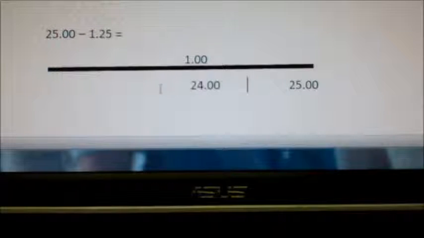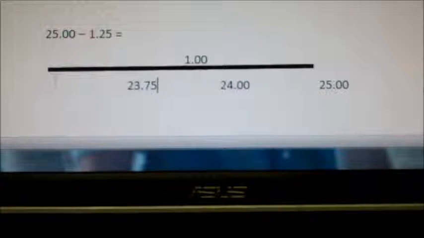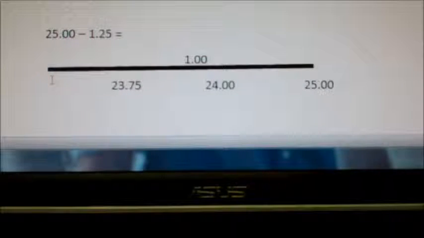I'm still not there. I have this bonus 25 cents. Well, I know with money that if I have $24 and I need to remove 25 cents, I would then be at $23.75. Whoa, I was right. This would equal $23.75. I did it.